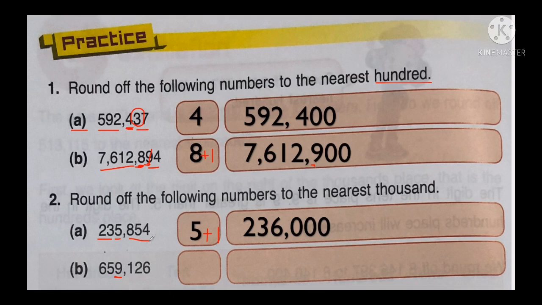Okay? How about letter B? Letter B, we have the number on its right side, which is 1. Is 1 part of ignore or plus 1? Ignore, correct? So 9 is still 9. Right? Correct.